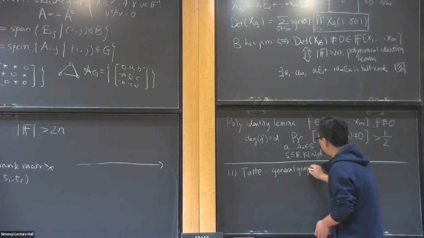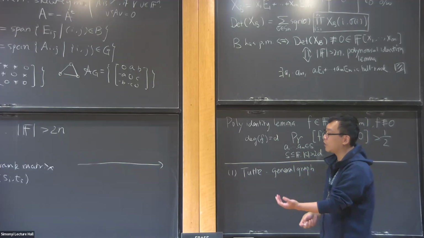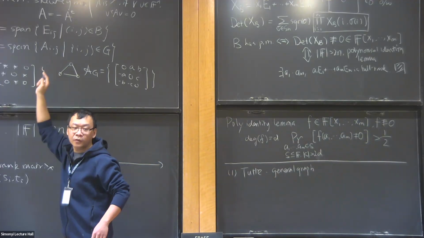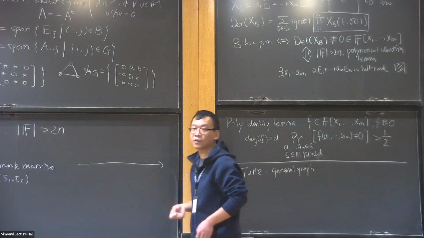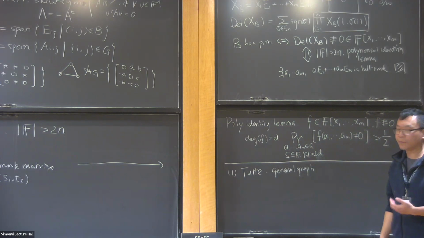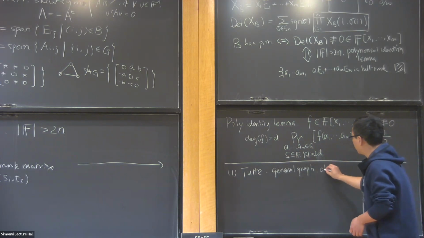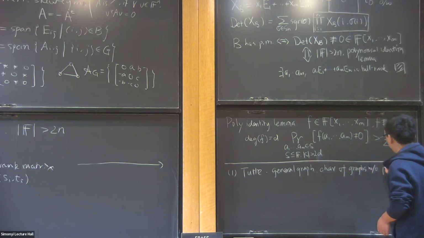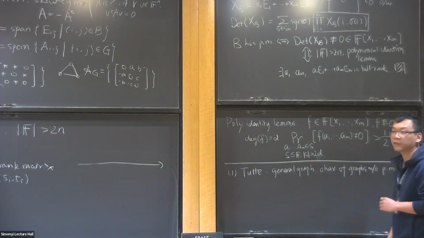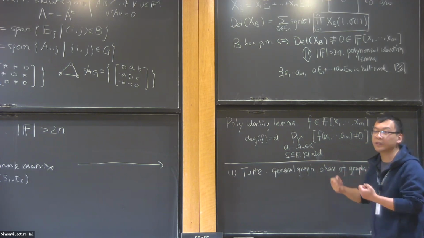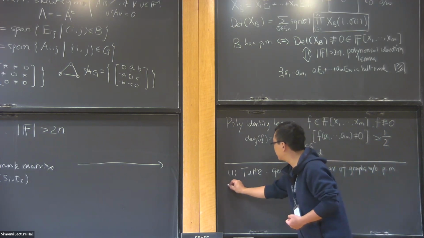He used this connection between a general graph and this matrix AG, whether it has full rank, using Pfaffians and so on. So it gives the first characterization of graphs without perfect matchings. That's what Tutte did in the 1940s. So the first such result actually comes from this linear algebra characterization.